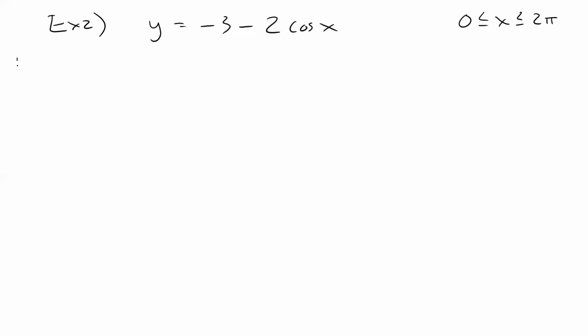So before we begin, how about a maximum value we need for a y value and a minimum value eventually? So let's talk about this guy here. Cosine. You guys remember, what's the maximum cosine can be? 1. Minimum cosine can be? -1.